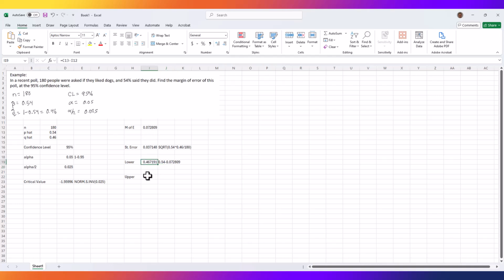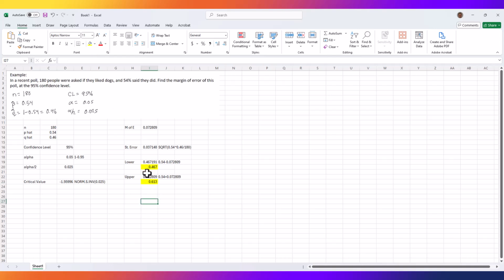And then similarly on the other side, we take the P hat and we add the margin of error, 0.072809. And a lot of these we round to 3 decimal places, so 0.467 stays there as a lower, and then 0.613 as an upper.